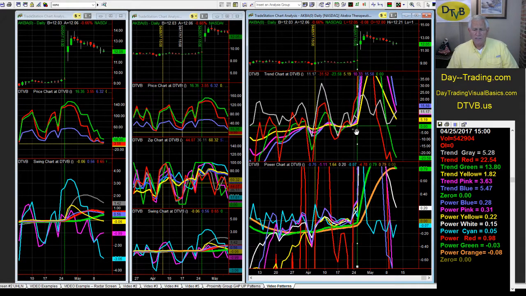But one thing that is again important is that the trend gray is in a higher right leg W pattern. And so now you've got trend gray in a double pattern. It's a high right leg W, it's a down touch, the trend pink, and then you have the Zion, which is in a higher right leg W pattern.